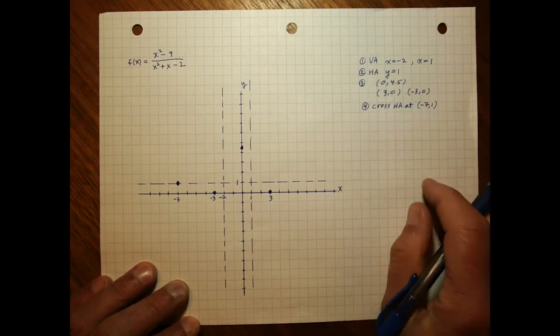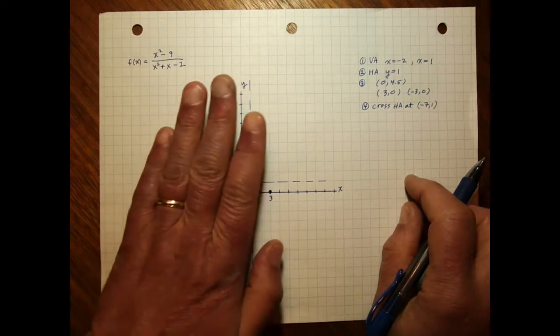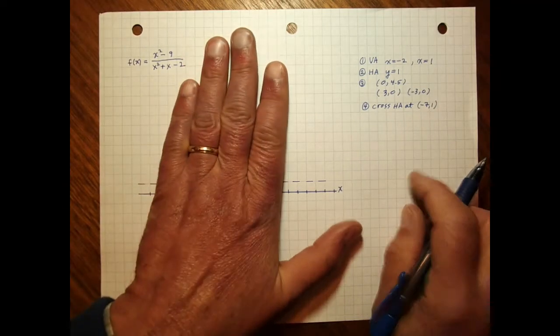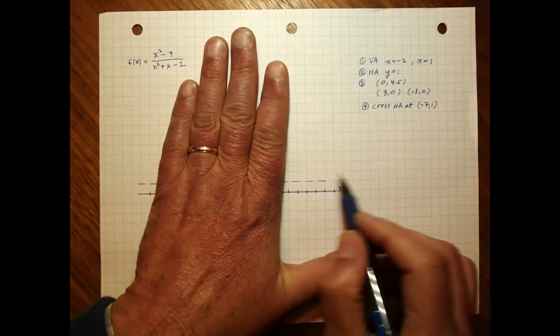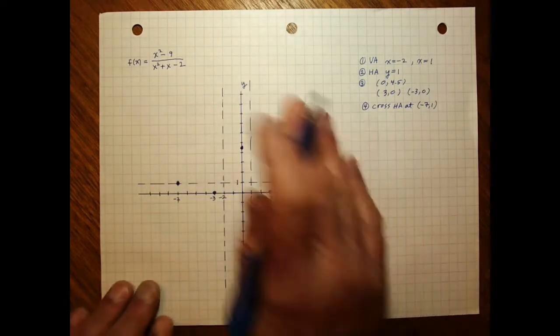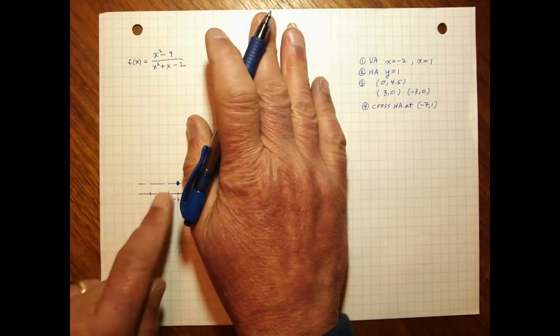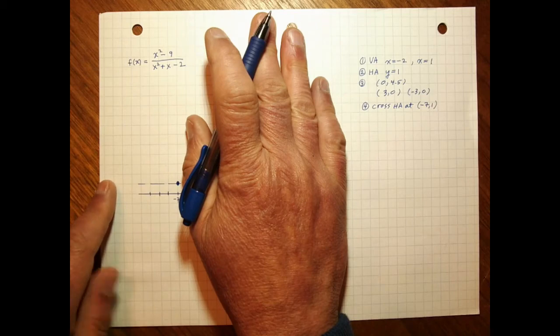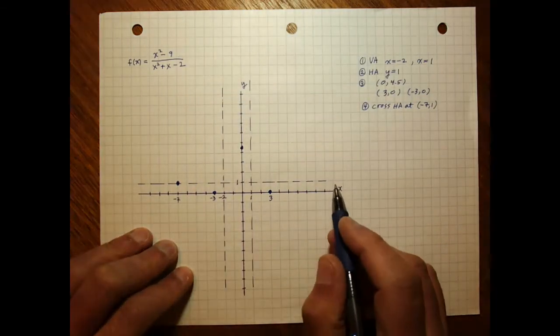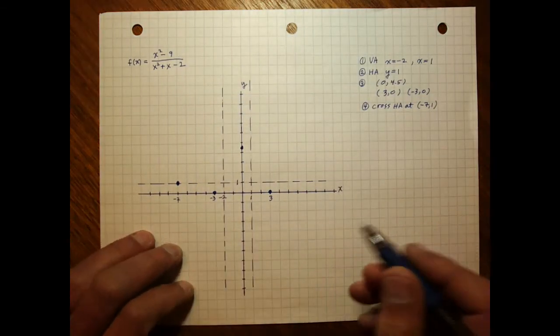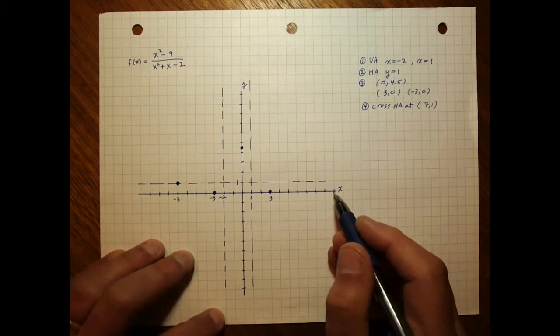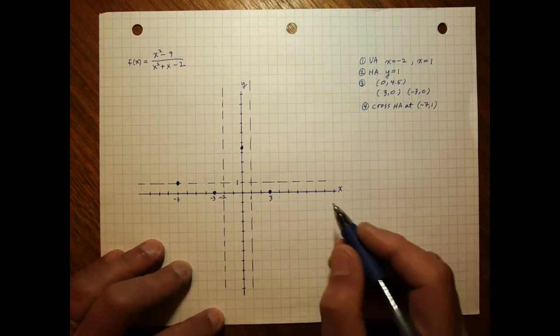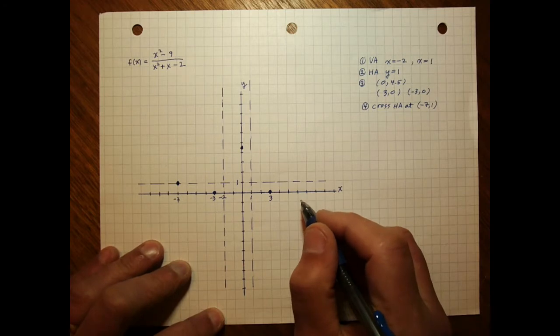Really, the horizontal asymptote only tells us what the graph might look like when x is very, very large, say to the right, or when x is very, very negative to the left. We know in both those cases the graph has to approach the horizontal asymptote, get very close to it as x gets very large or very negative.